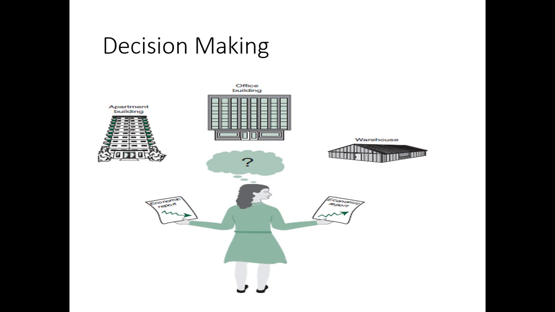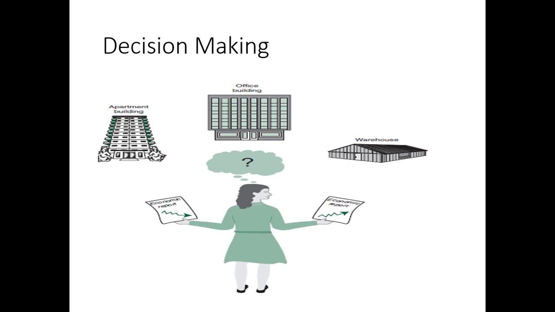The second option is to build an office, and the third option is to build a warehouse. All of them are commercial items, they can be sold, and all of them will take time to be constructed.